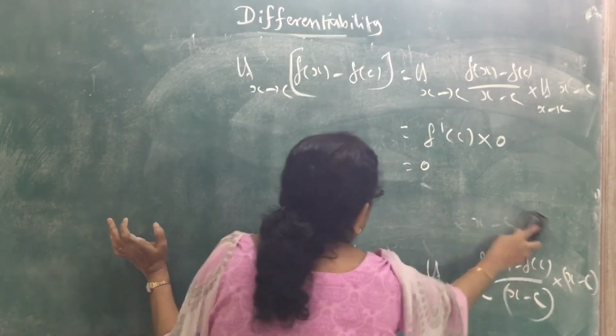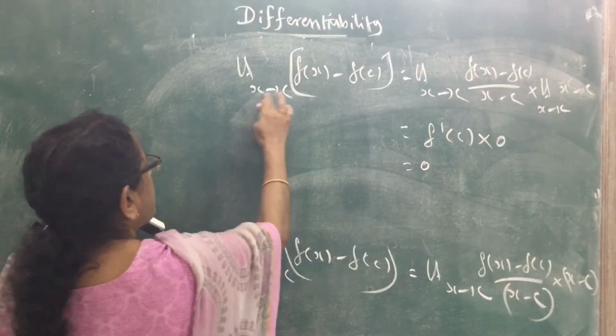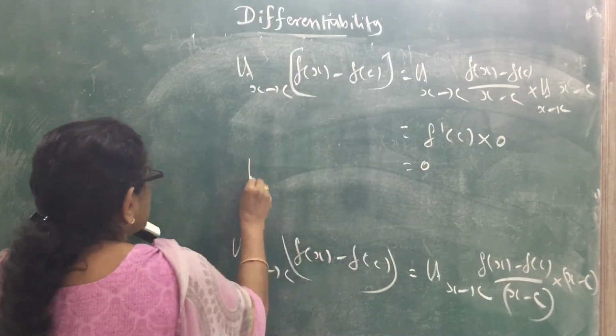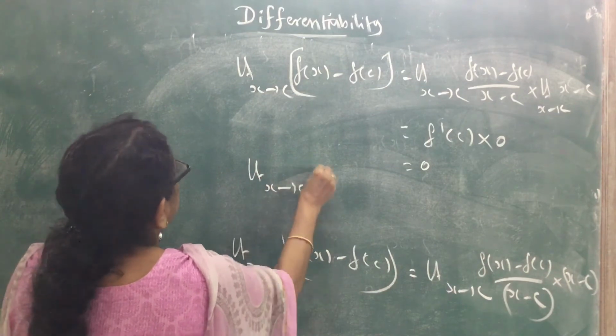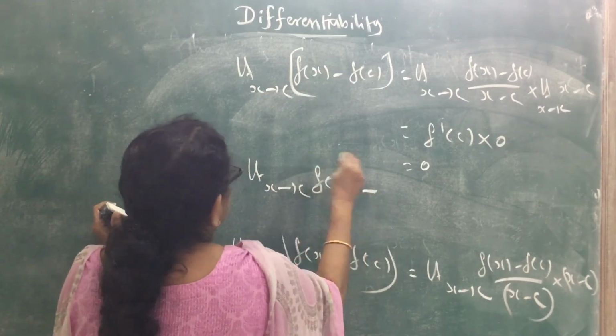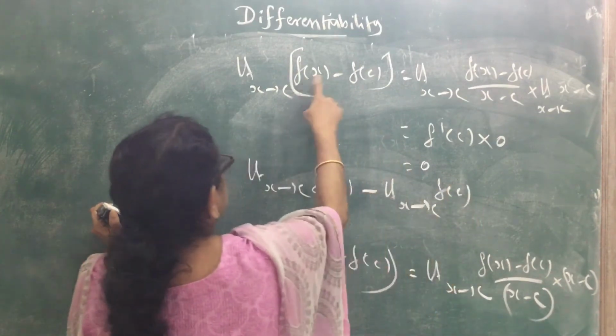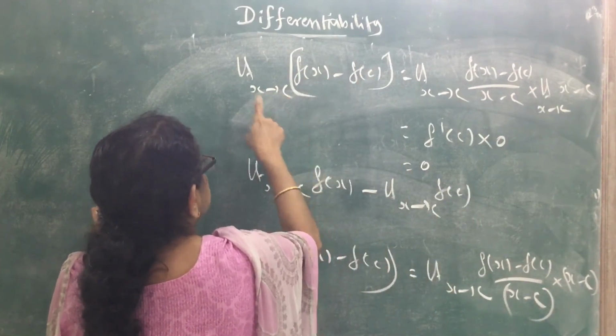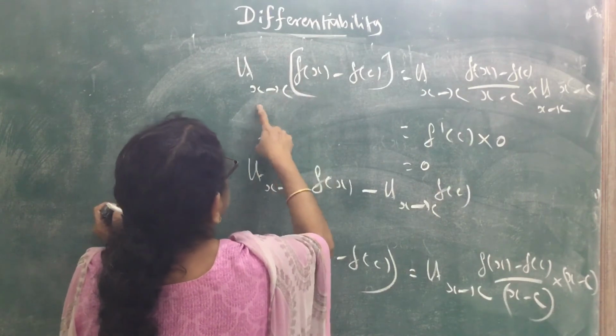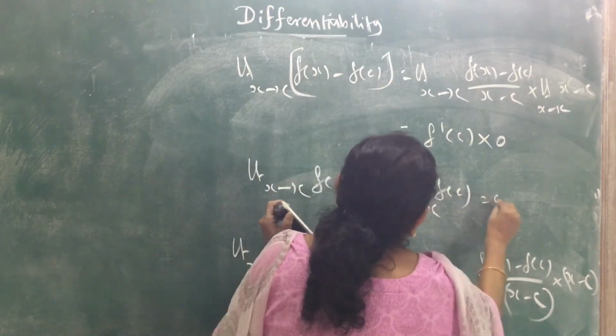Now we can apply the limit for both the functions. So, limit x tends to c, f of x minus limit x tends to c, f of c equal to 0.